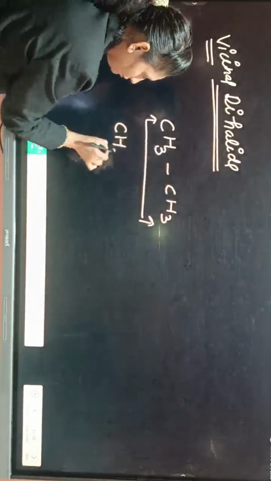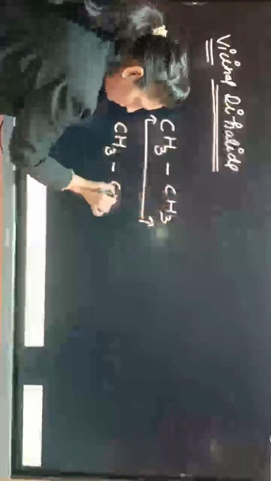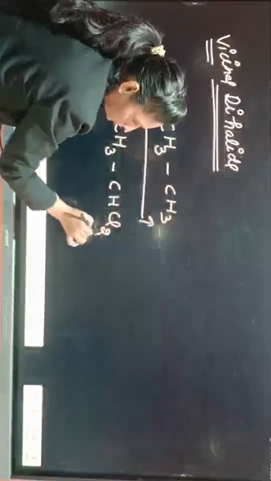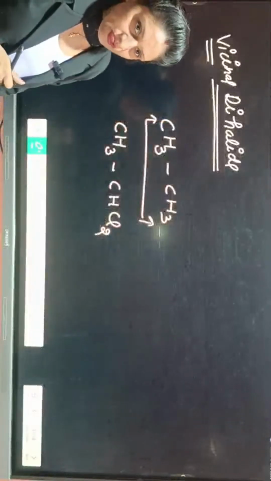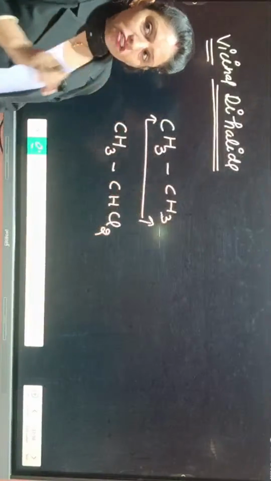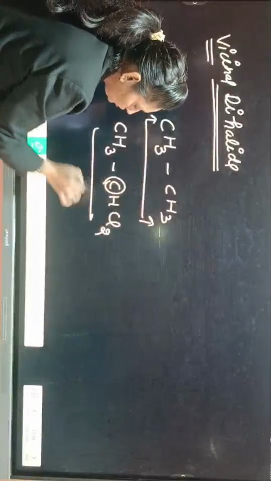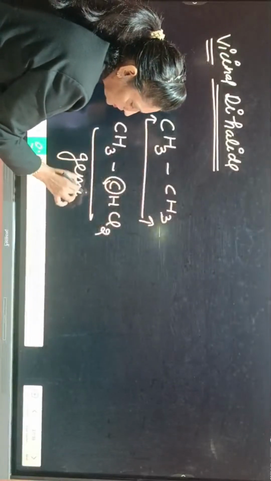One option: both hydrogens of this carbon I am replacing by halogen. Clear? Means 2 hydrogens I replaced by chlorine. If both halogens are attached to the same carbon, then it is known as geminal.